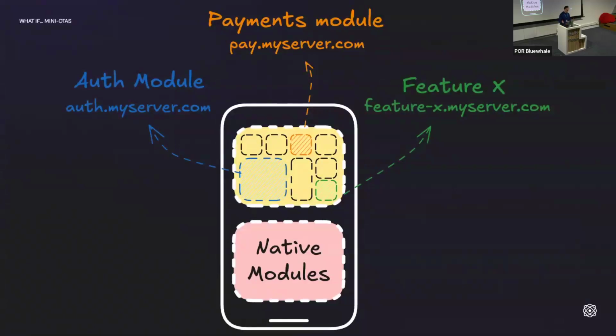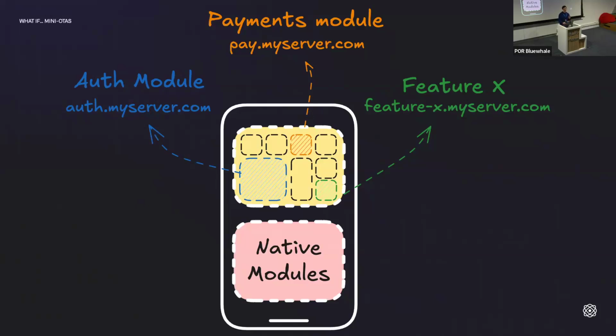So this is not a module federation talk, but module federation is a big topic. If it fits your needs, you probably already know. If you don't know what I'm talking about, you probably don't need it. It's a lot of complexity, but if you're already on the track to use it, then you know that you can use this as some kind of mini OTA, because then you can update some independent modules via updating the bundle in this server, which is very similar to OTA.